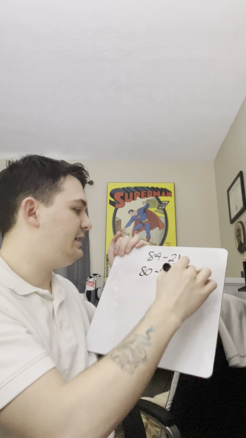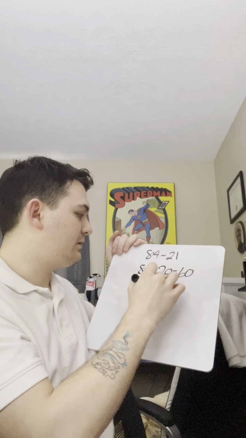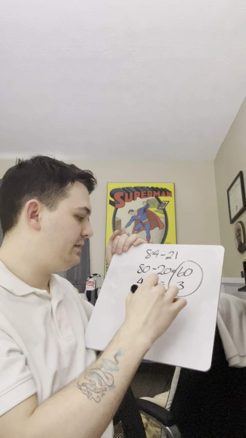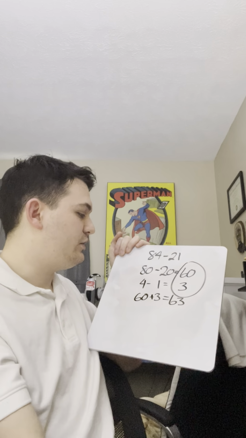But in another example, if I wanted to make this a 21 instead of a 24, you can take the 80 minus 20, breaking down the tens, get your 60, and then you can break it down and do 4 minus 1, and you get 3. So then you add those two together, 60 plus 3, and you get 63 should be your answer.